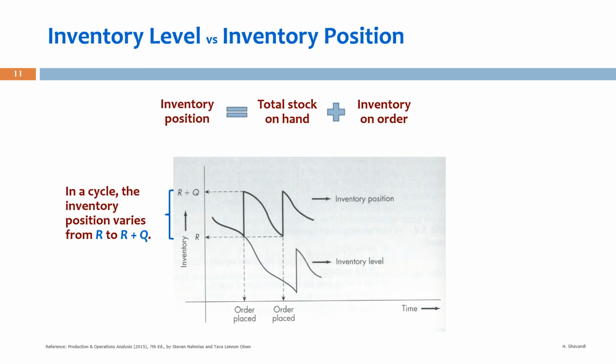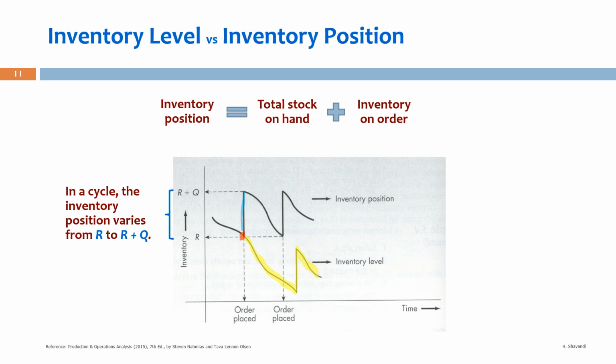So far in the models that we had, we considered the inventory level, as you remember. But if at this point we are placing a new order, we can define another term, which is inventory position.